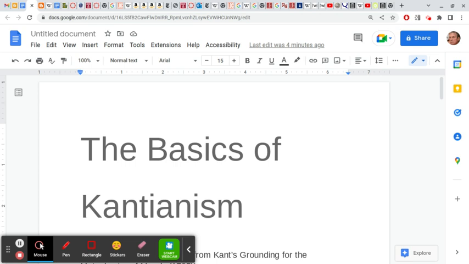And I think that thinking about those categorical imperatives should be your preparation for the Kantian part of the final exam. That is, you will be asked to do a Kantian analysis of an ethical scenario. And what that means, essentially, is to do an analysis based upon the two categorical imperatives that we're familiar with.